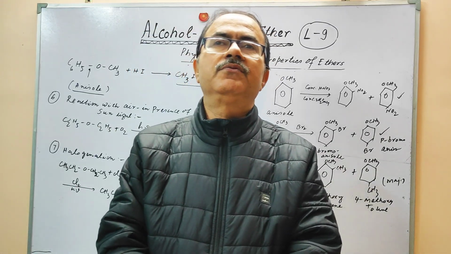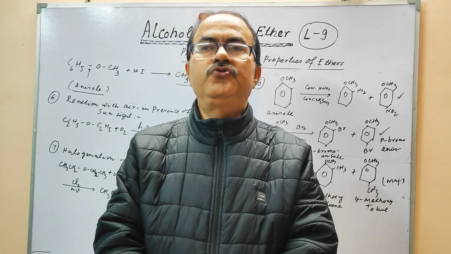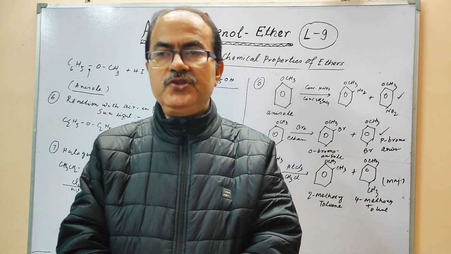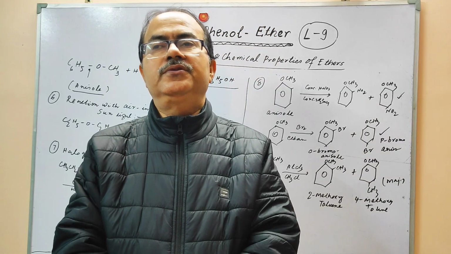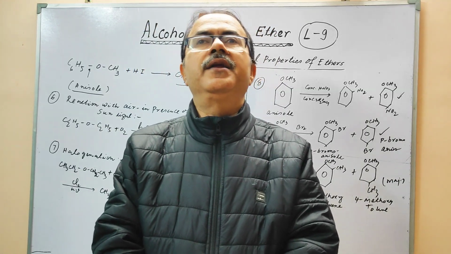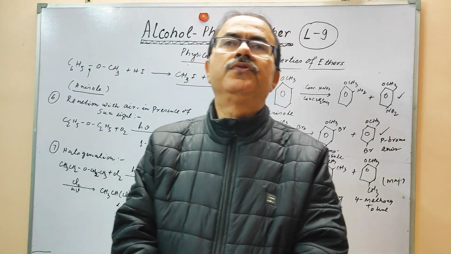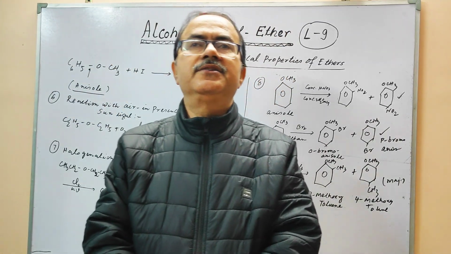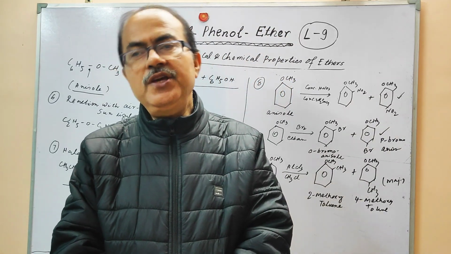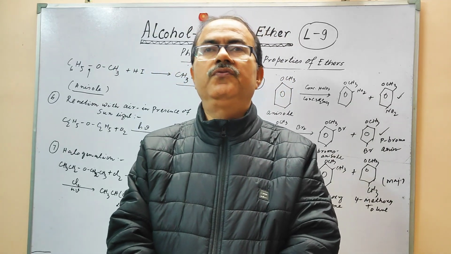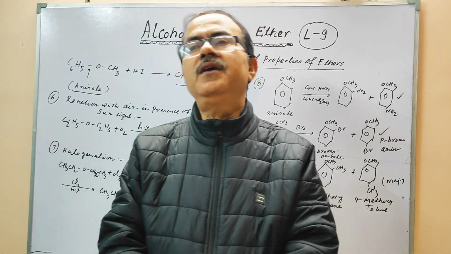Then we discussed the action with halogen acid, then action with H2SO4, then halogenation and different types of reactions. Lastly we discussed the electrophilic substitution reactions undergone by phenolic ethers, that is anisole, including nitration and halogenation reactions.